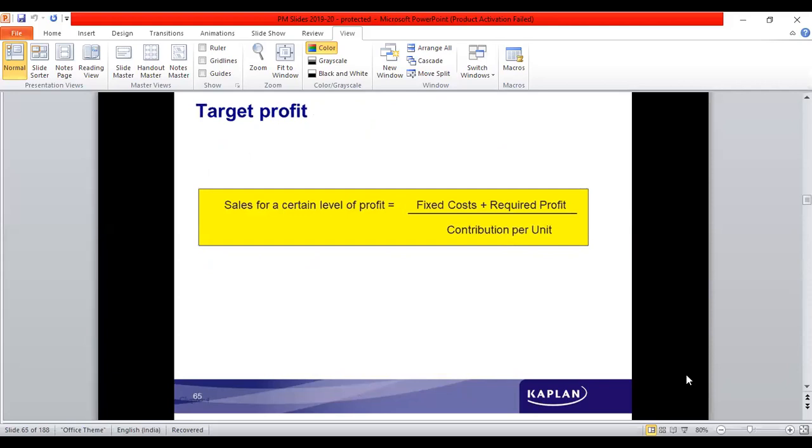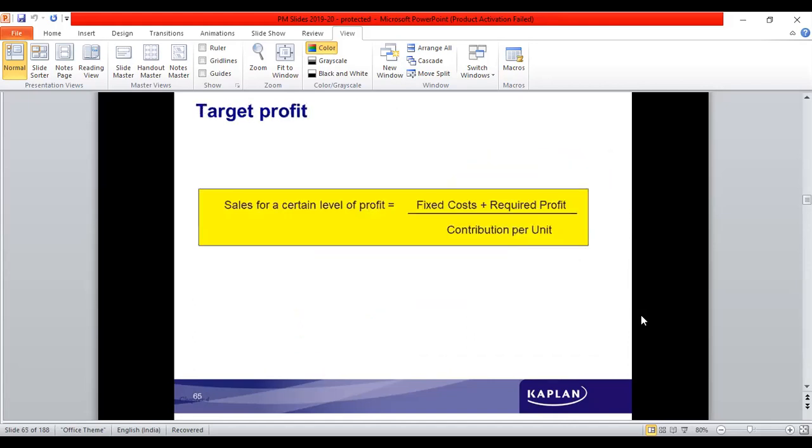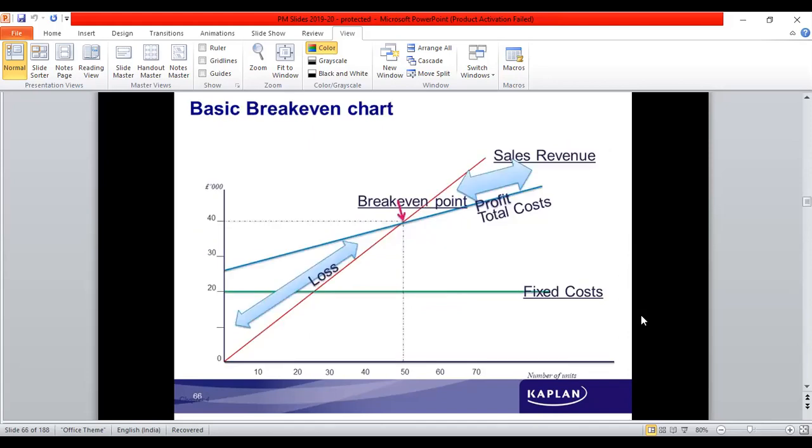Targeted profit or targeted sales, the same equation can be used. Sales is equal to fixed cost plus profit, because in the numerator we now see either a profit or loss appearing, so fixed cost plus profit divided by contribution per unit. If it is the sales value at an activity level, the denominator would be the contribution margin ratio.